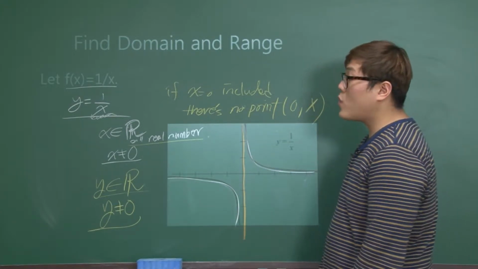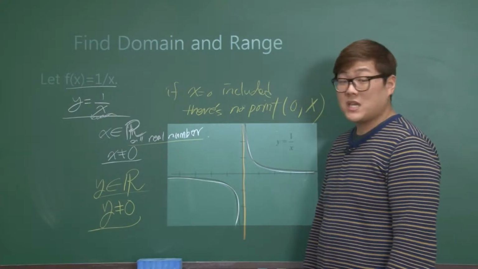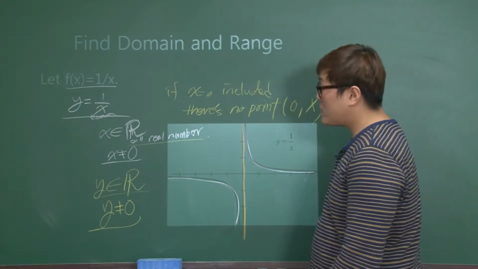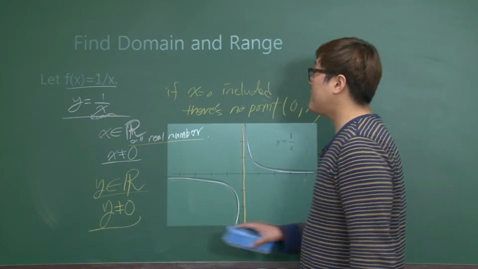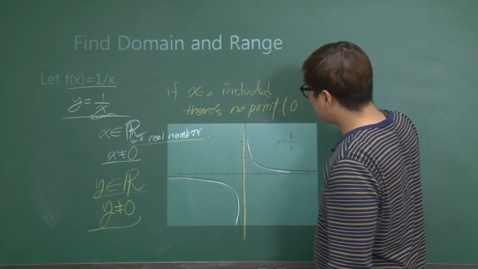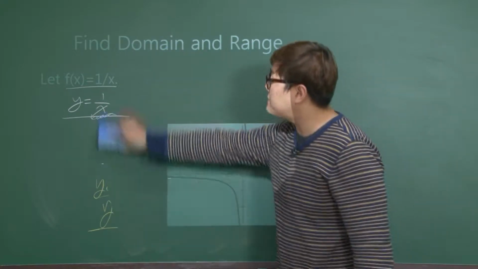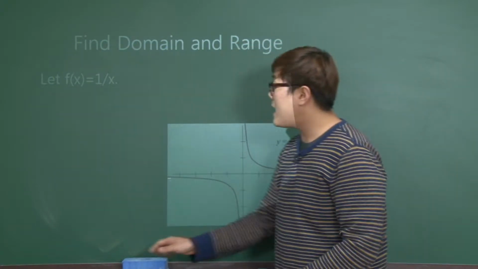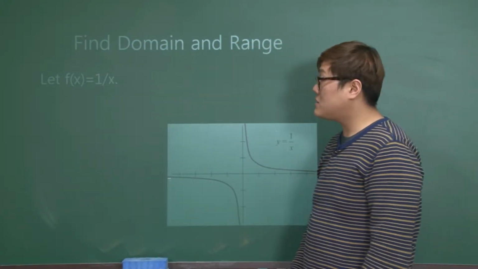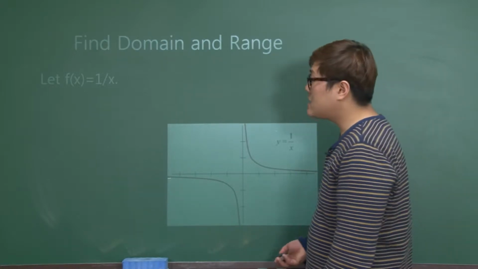That means there's one missing x value in the domain, so we cannot call this a function. So for range and domain, you have to keep in mind that you always have to consider domain and range, and how to limit it and how to define it.